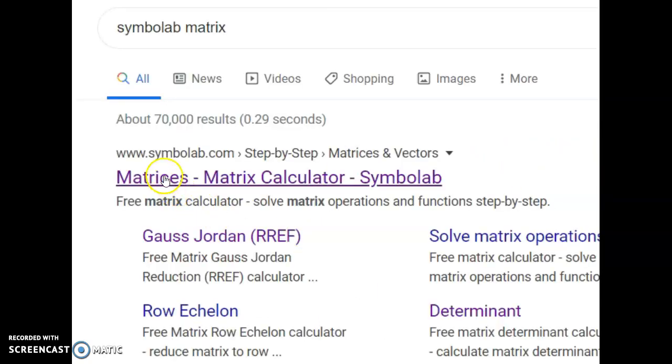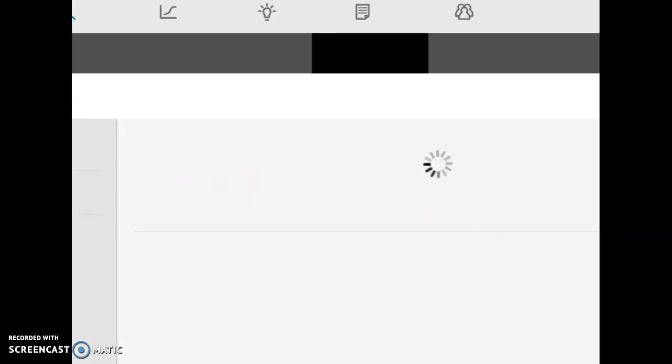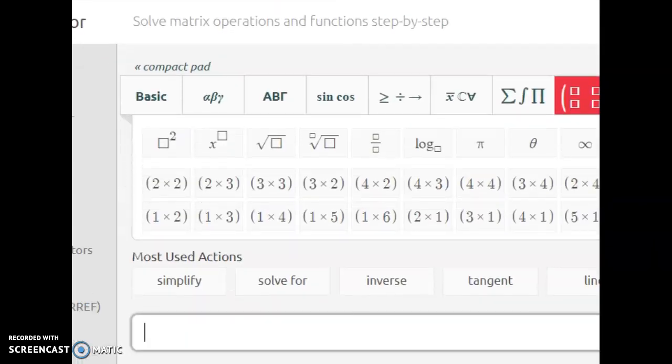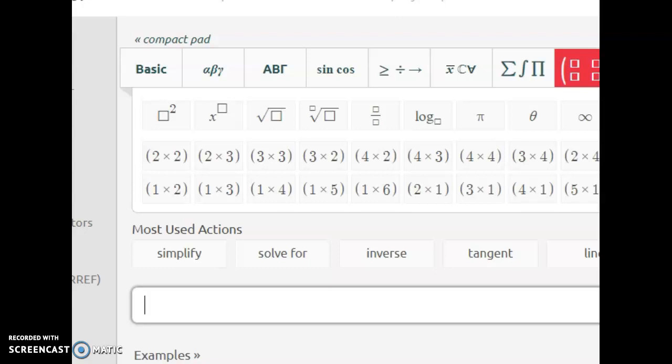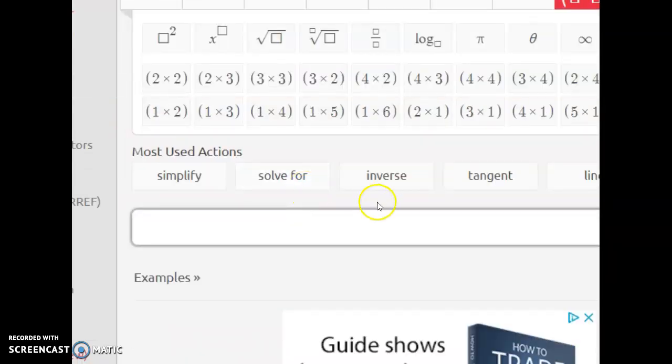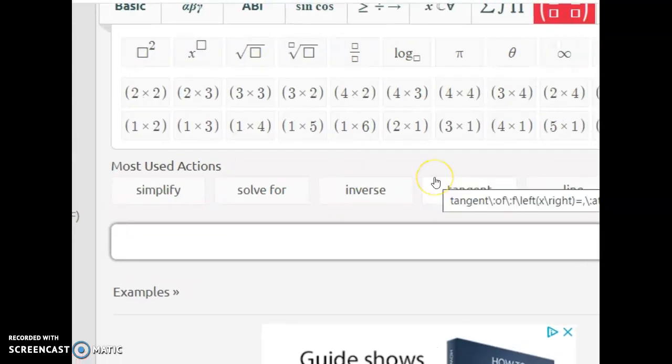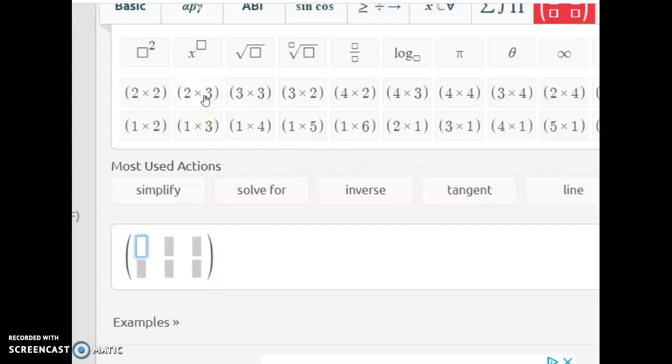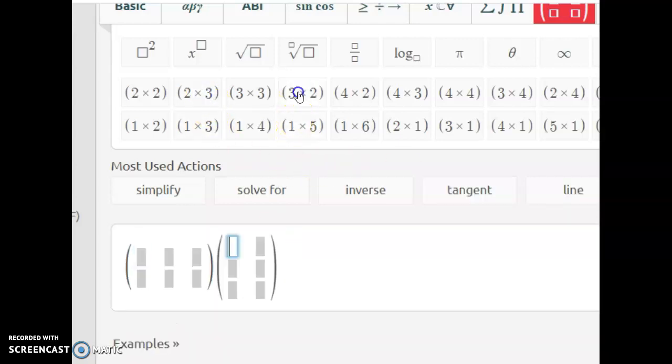Again, Google Symbol Lab matrix, click here. And now, in order to multiply, you could click where it says multiply here, for example. I just did that, though I didn't have to. Then you would have to say, I believe the first one was a 2x3 matrix, times a 3x2 matrix.